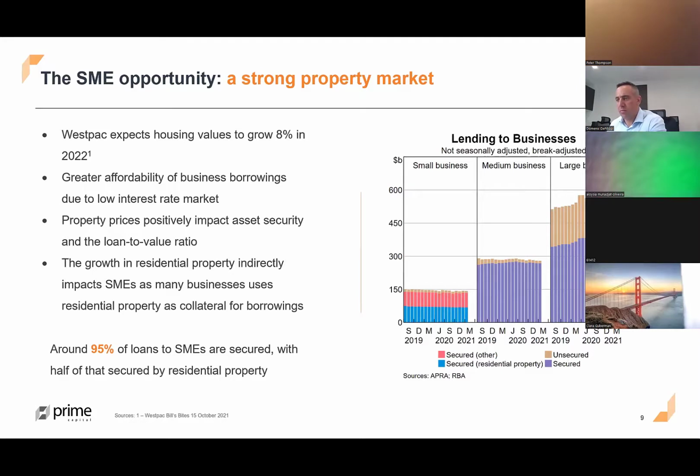So half of all the SME lending is within your realm of what you do right now anyway. So there's some good statistics there. I mean, the housing market is obviously very strong. We're seeing a lot of customers sitting on great equity within their properties. And there's a great opportunity to get them funded through the assets that they already have.